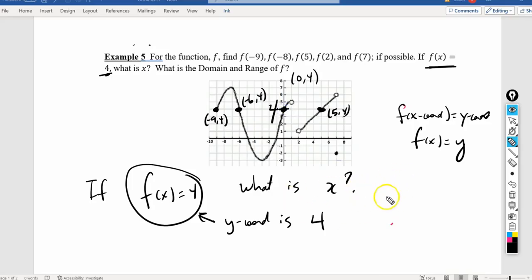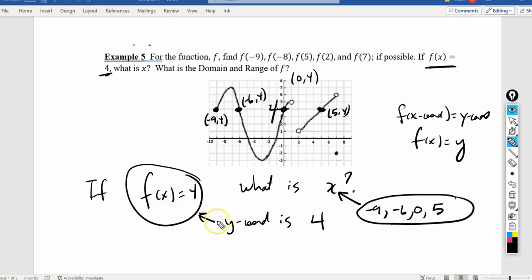All right, so we have 1, 2, 3, 4 answers to that. x is -9, -6, 0, and 5. So when the y-coordinate is 4, you have 4 points on the graph of f that have a y-coordinate of 4. What are the x-coordinates? The x-coordinates of these points are -9, -6, 0, and 5.